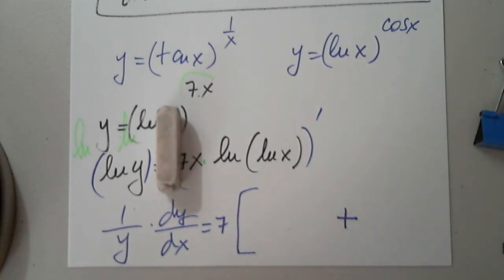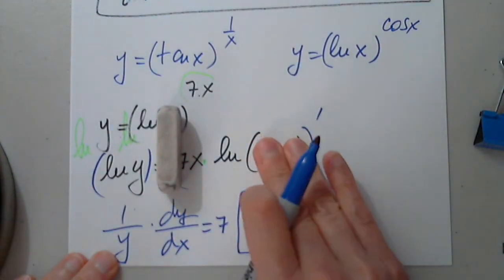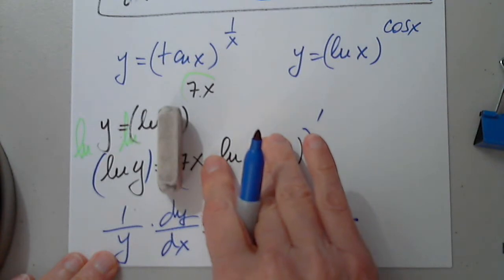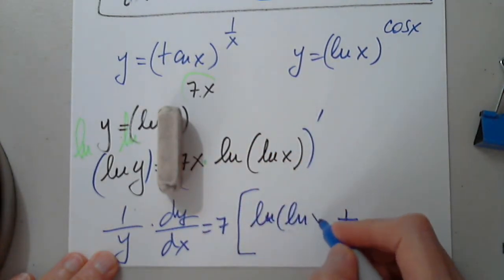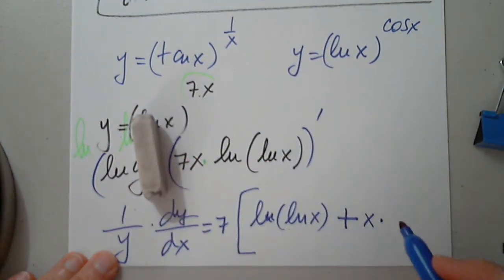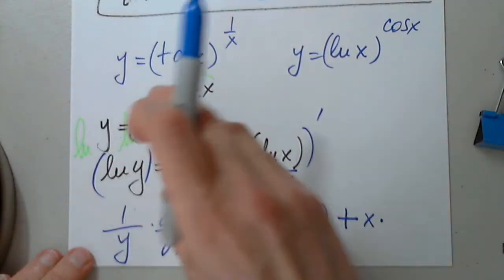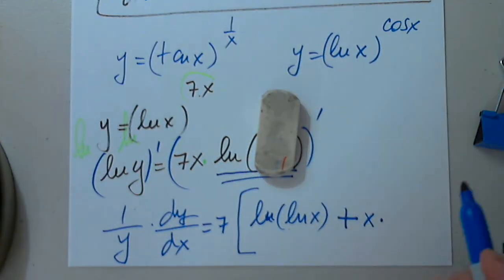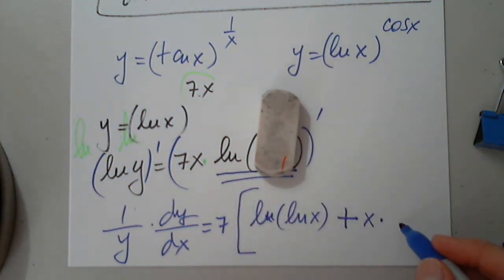What will be the first term? ln times ln x. Careful, it's not times. This is the argument of this function. So ln of ln. Good. So now I have x times, I need to differentiate this function. Slowly, cover it, think. Natural log of this prime.